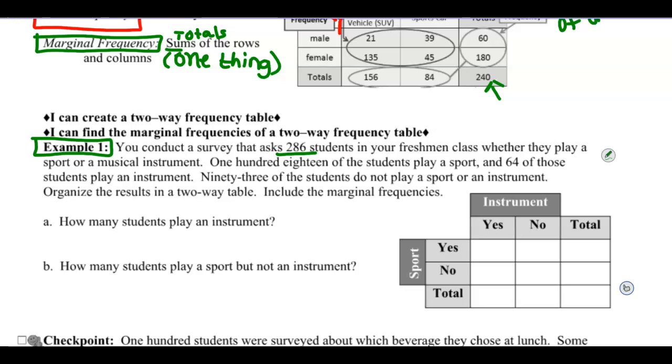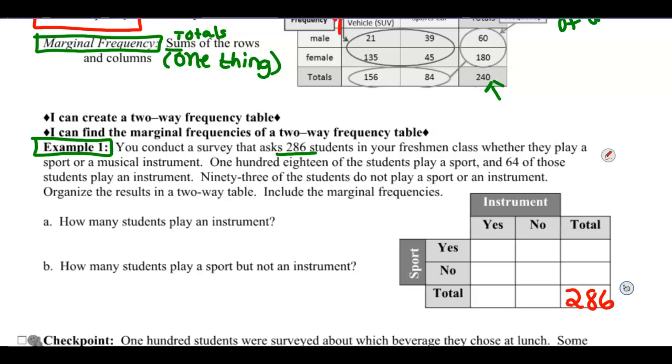So the reason is this is going to talk about sports or musical instruments, and then obviously they're talking, that's the two categories. That's what makes it a joint frequency table. We know our total, it tells us in the story problem, it goes right here, 286 are automatically surveyed. We can put that number in.